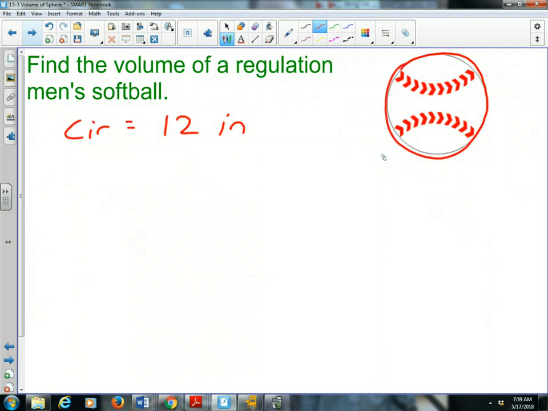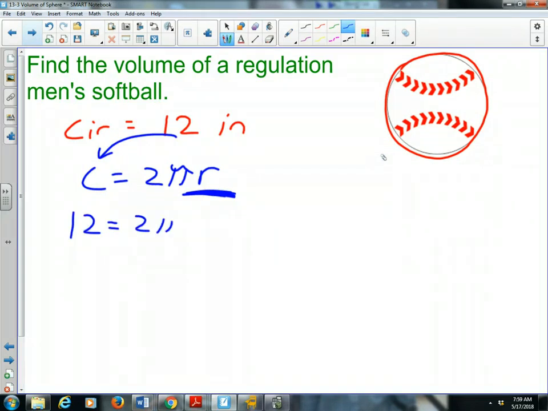So with that, we could find the radius, right? Because the circumference equals 2 pi r. And all we need is one thing for a sphere. We need the radius. So 12 is our circumference. 12 equals 2 pi radius. So now if we divide both sides by 2, we get 6 equals pi times radius.